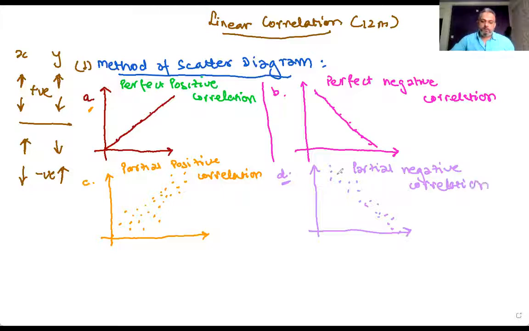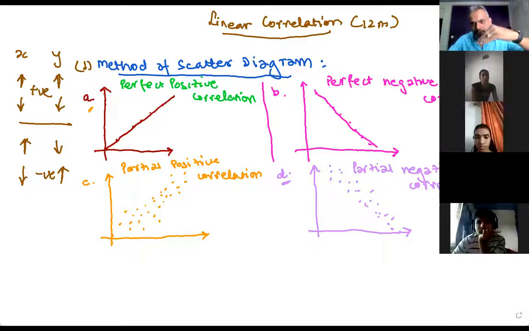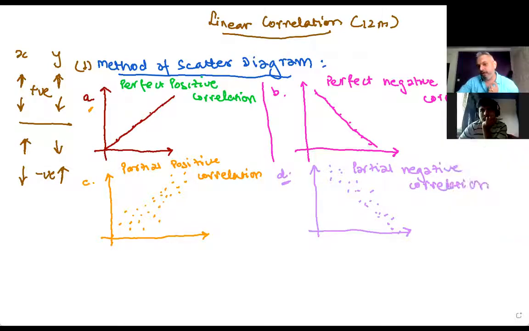So over here, again, we are not able to draw a line, but we can see that it is moving from top to down, from left to right, but we cannot draw a perfect straight line. So it is known as a partial negative correlation.